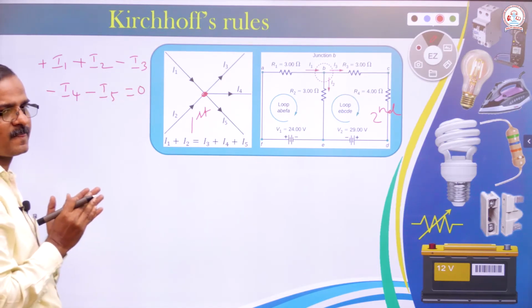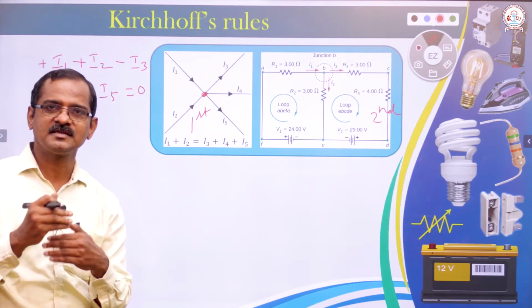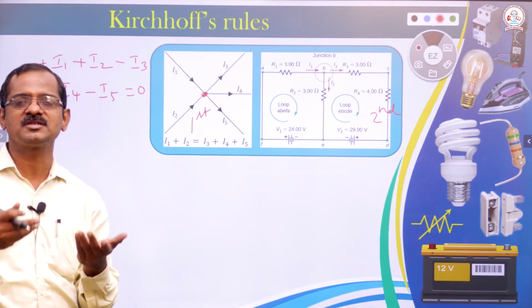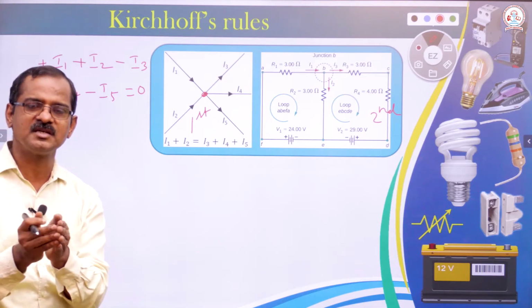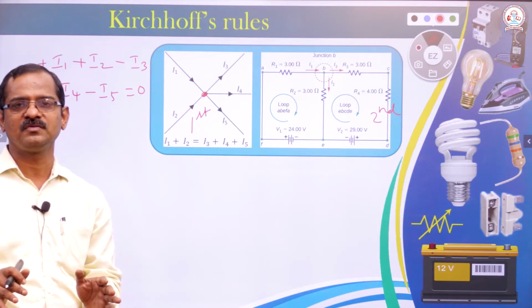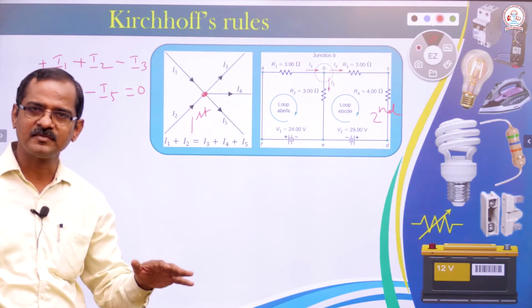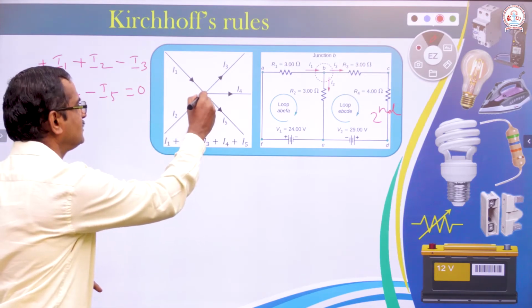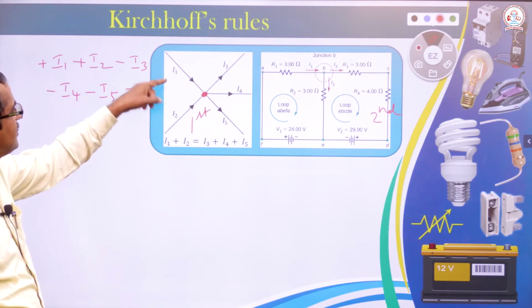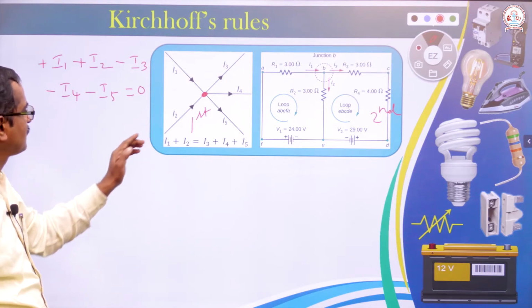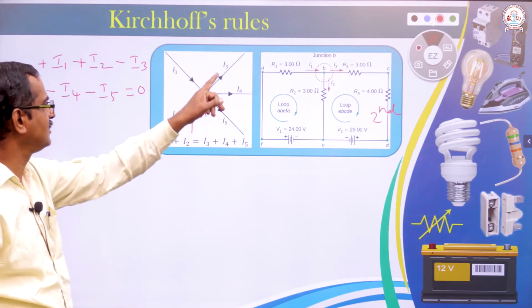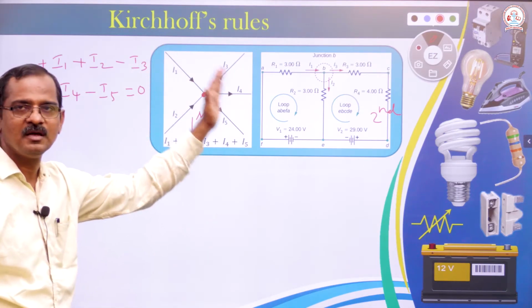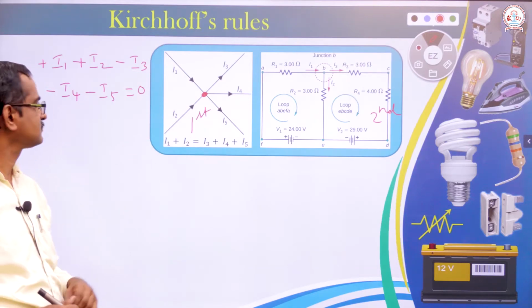That's Kirchhoff's law. The algebraic sum of current meeting at a junction is 0. If current is flowing towards the junction, take it as positive. If current is flowing away from the junction, take it as negative. Here I1 and I2 are flowing towards the junction, and I3, I4, I5 are flowing away from the junction.